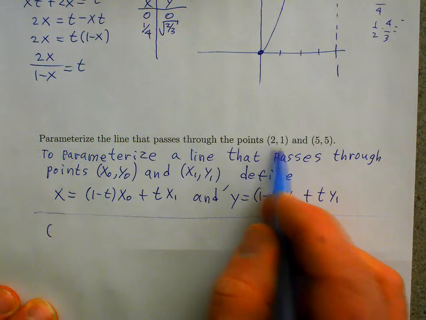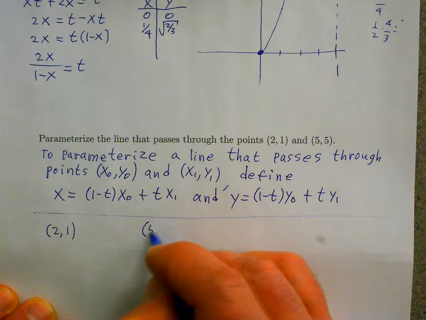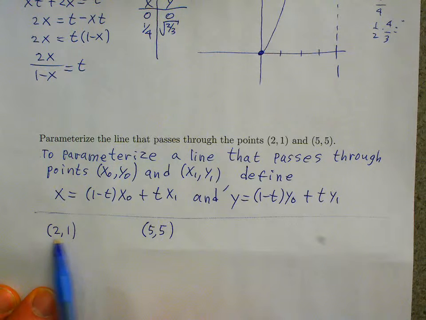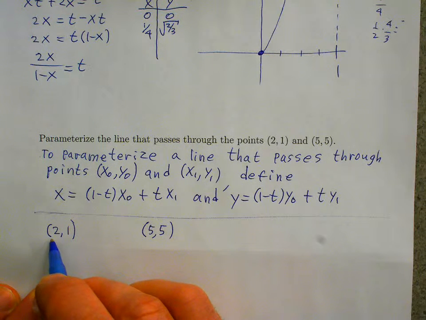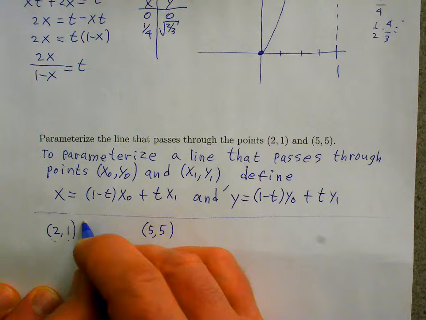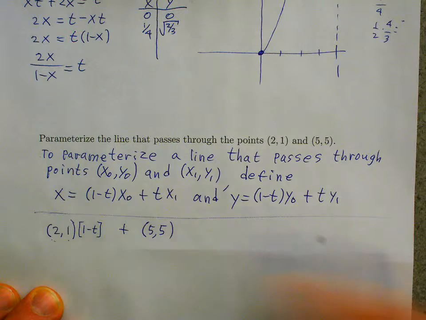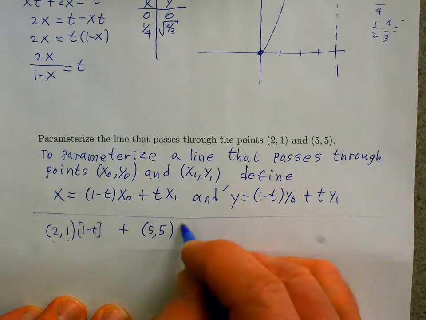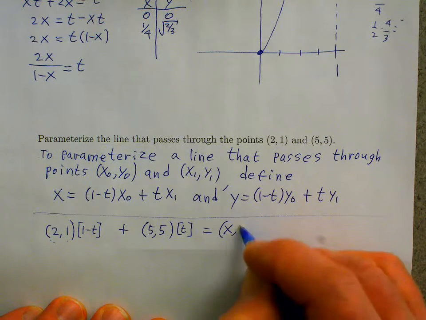So if we begin with the points 2, 1, and 5, 5, if we multiply, like I say, this is a bit unconventional, but multiply each of the terms in the ordered pair 2, 1 with 1 minus t, add that to this ordered pair multiplied by t, and those will define x and y.